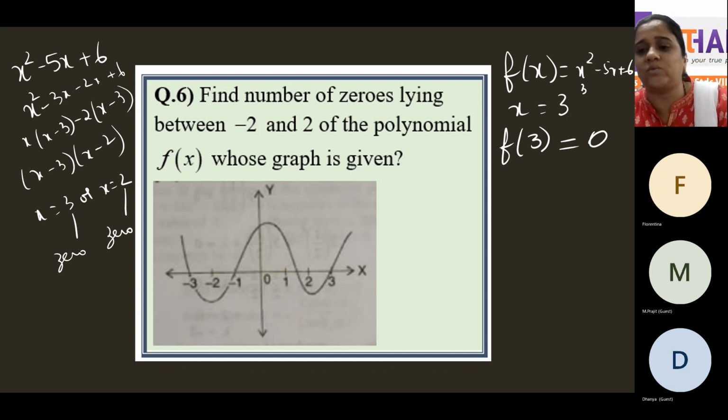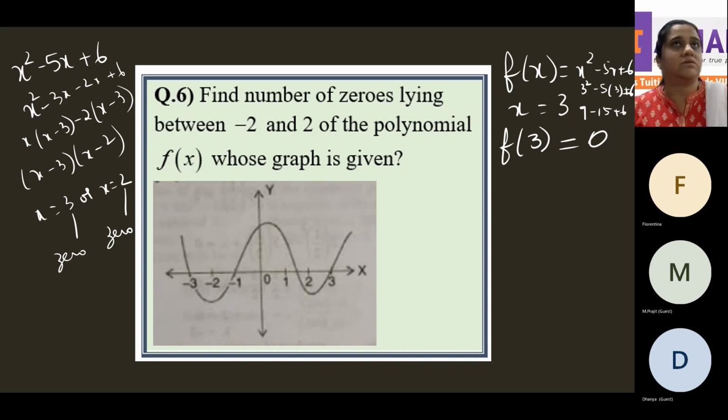What is 3 square minus 5 into 3 plus 6? 3 square is 9 minus 15 plus 6. 15 minus 15, 0. In the polynomial, if you substitute the 0 in place of x, the value of the polynomial will be 0.